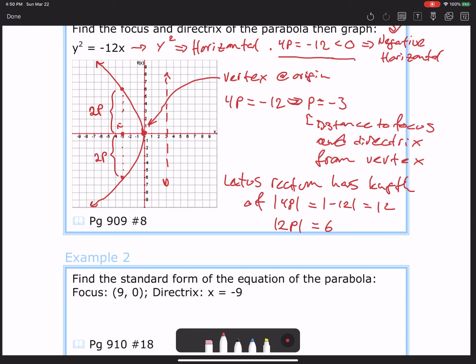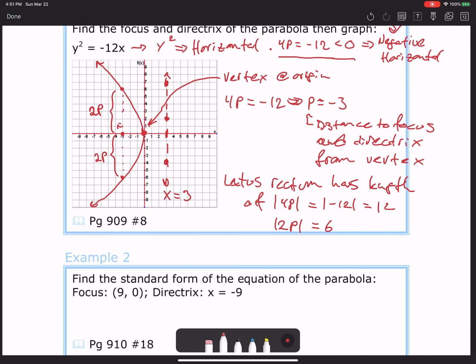The directrix is the only other component of this that we haven't talked about yet, not specifically anyway. We drew this sketch of it. It's a vertical line that passes through an x-coordinate of 3. In fact, the x-coordinate of this point is 3, and this point is 3, and this point is 3. That's how I remember that the equation for a vertical line is, in this case, x equals 3.